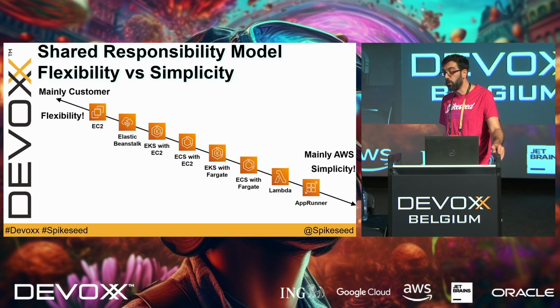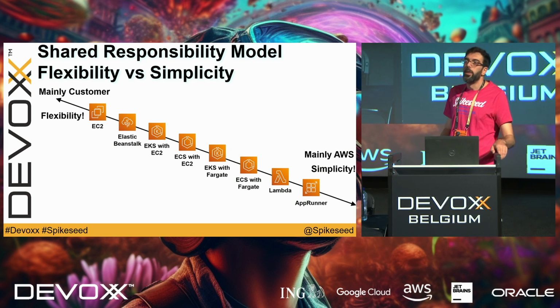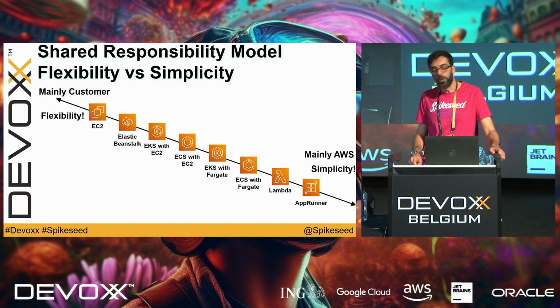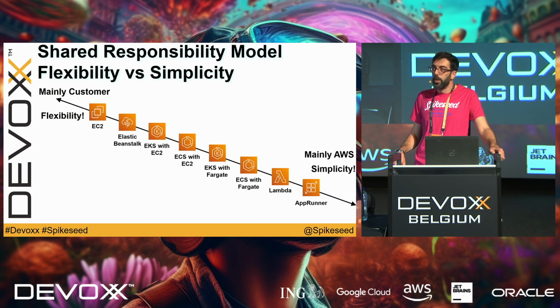Then we have ECS and EKS with Fargate. So ECS, Amazon's proprietary distributed container orchestrator, a full container orchestrator. EKS, Kubernetes, a fully fledged container orchestrator, running on Fargate. So you don't have to take care of the underlying compute instances, that's done by Amazon. Then you have the two variants of the same products, ECS and EKS, but with EC2 underneath.